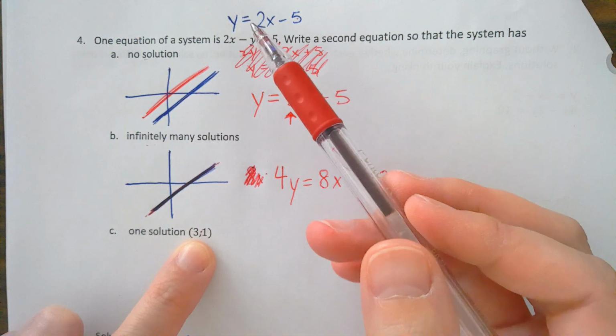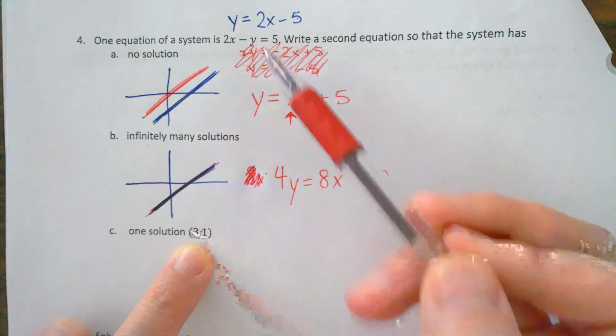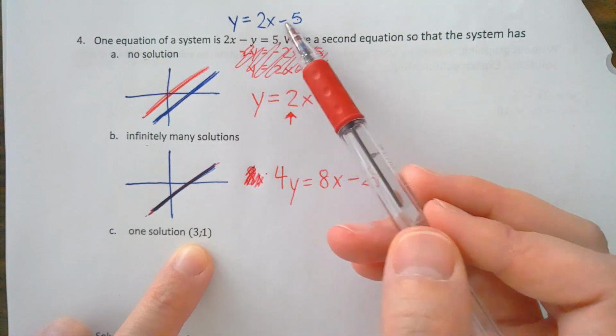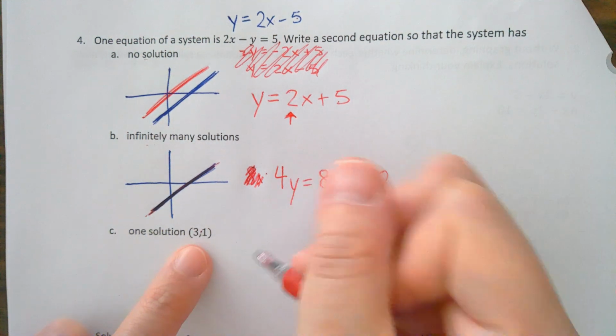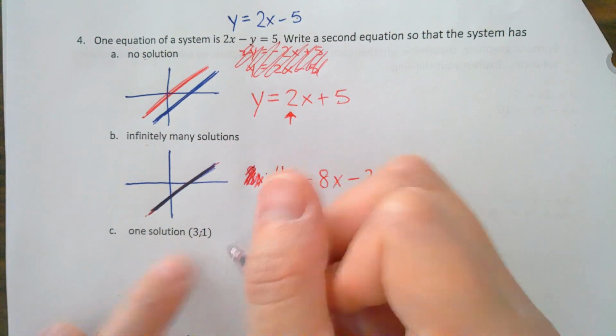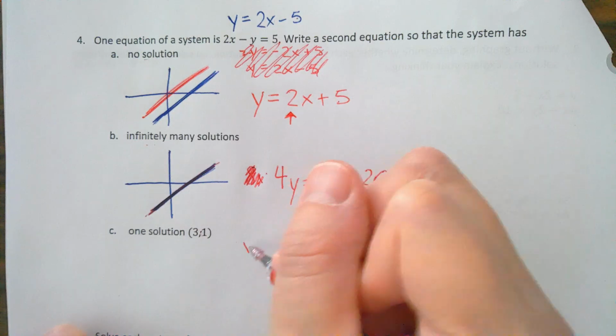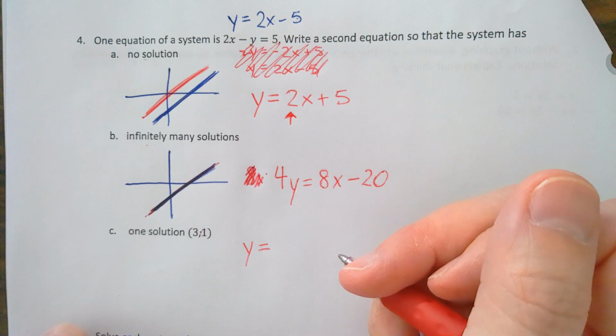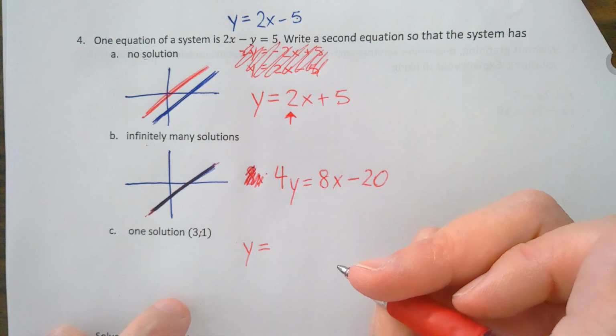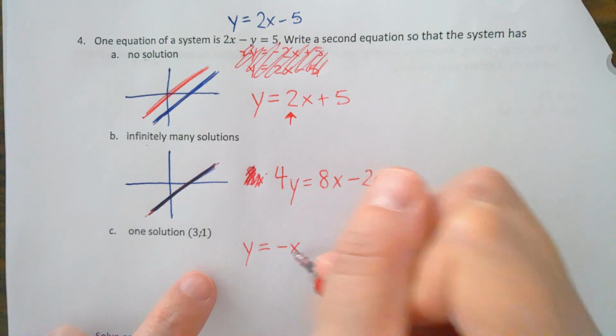Plug it in, yeah. So notice right here, when I plug in 3 for x, 6 minus 5, I get 1. So I need to come up with a second equation that when I plug in the 3, I get 1 for my y. So y equals, Cindy, do you have this one? Dallas, do you have this one? Negative x plus 4.